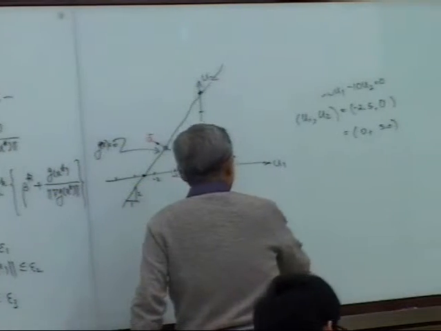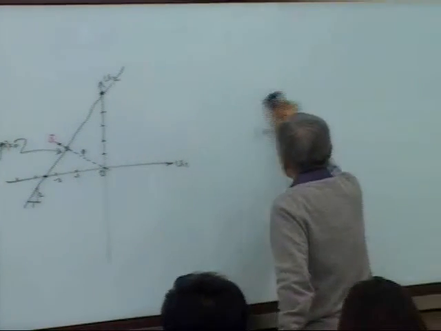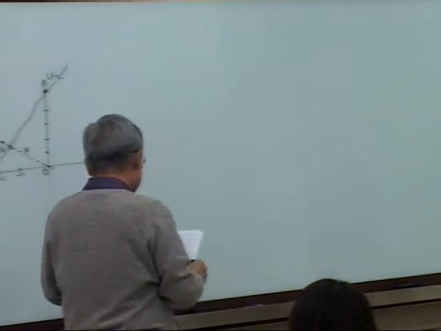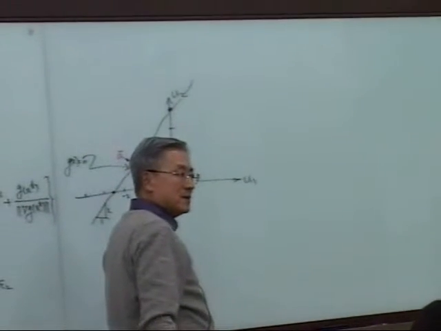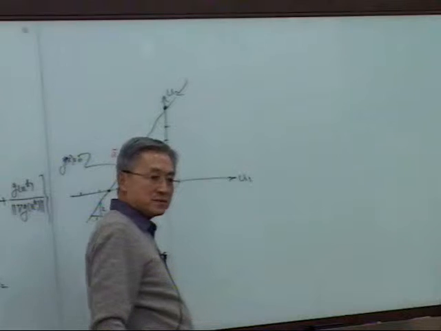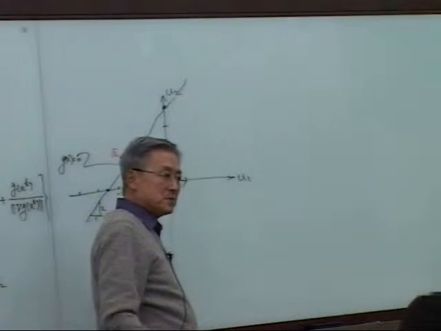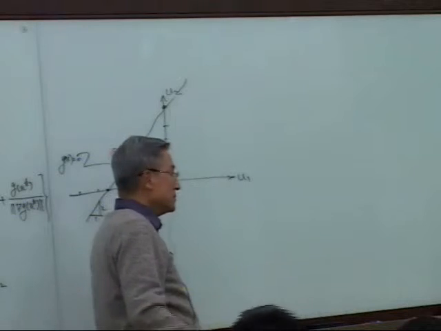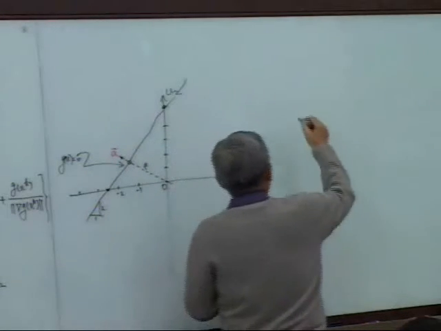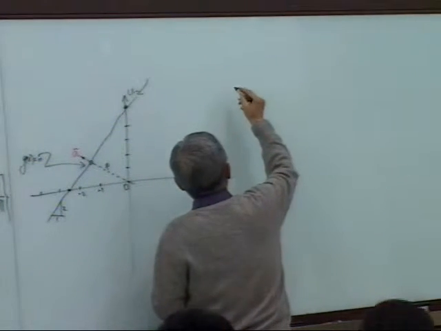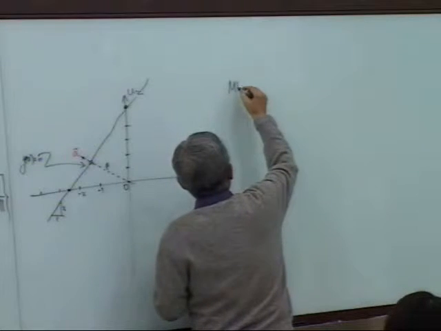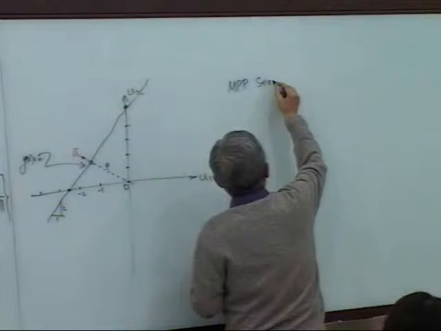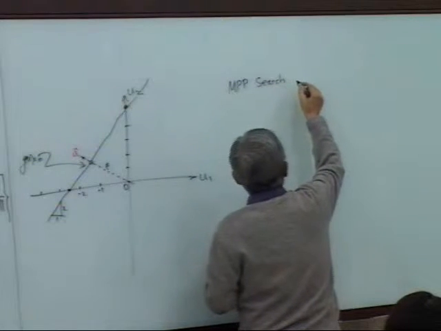That's what we're going to calculate by iteration. In the MPP algorithm, in the handout, or I'll send you my lecture notes for convenience, for the MPP search we have to get the search algorithm.